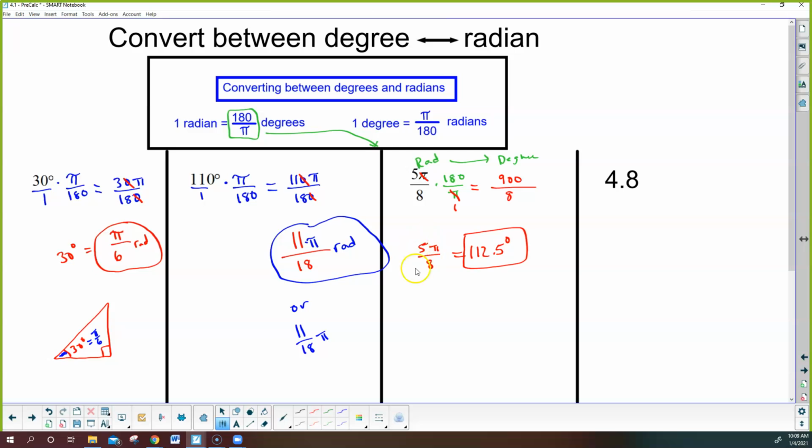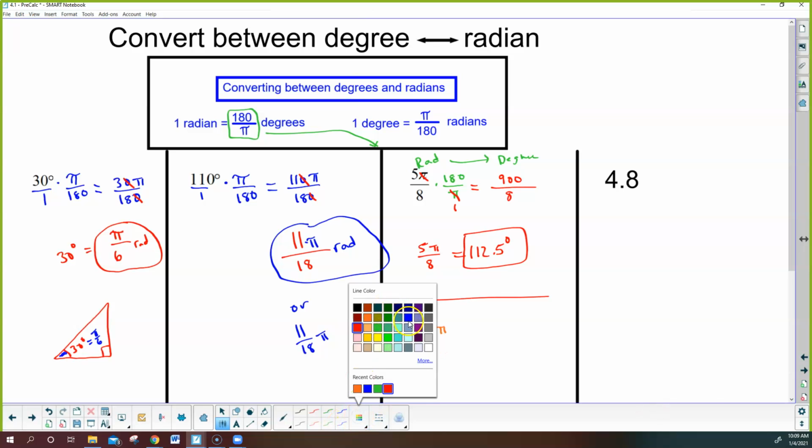Okay? Another way to think of this, and you don't have to write this part, I'm just going to show you down here. Another way to write it is 5/8 of pi. Well, wait a minute. Didn't we just say what pi was equal to? Isn't pi the same as 180?